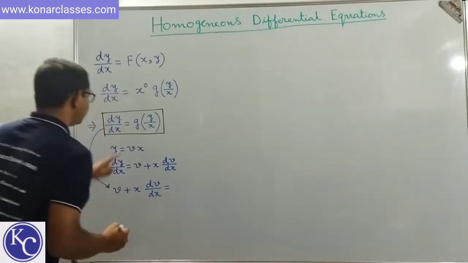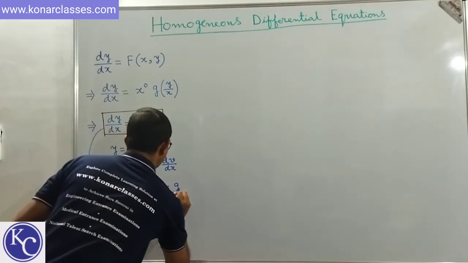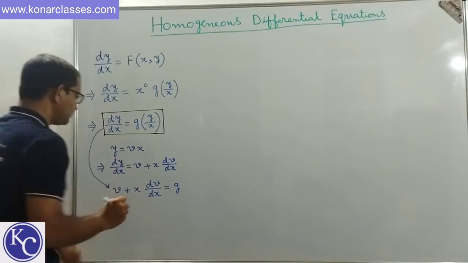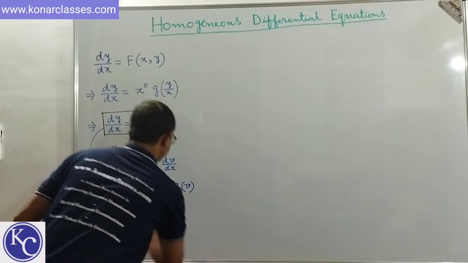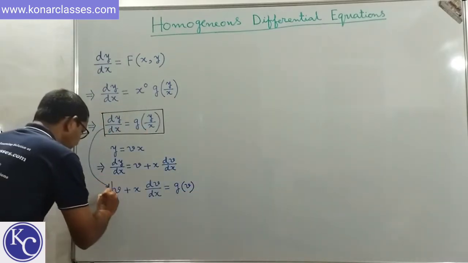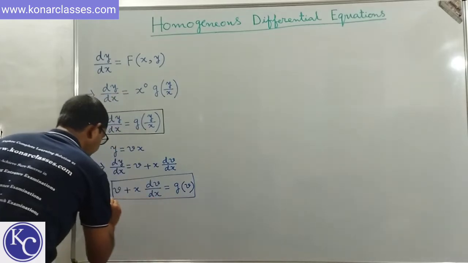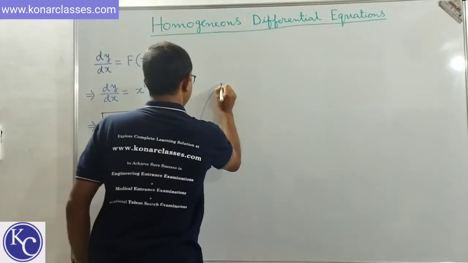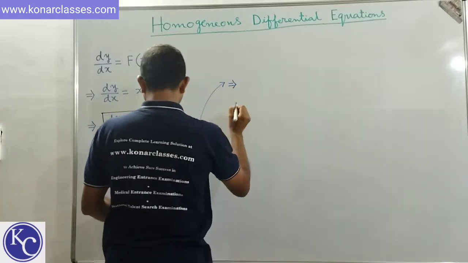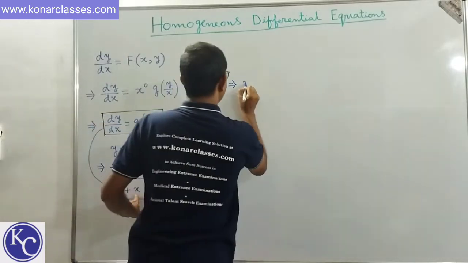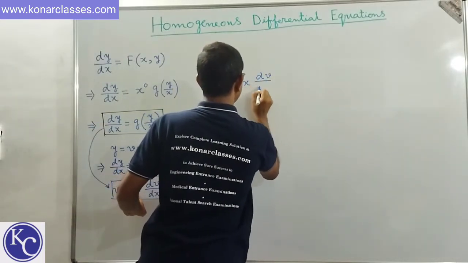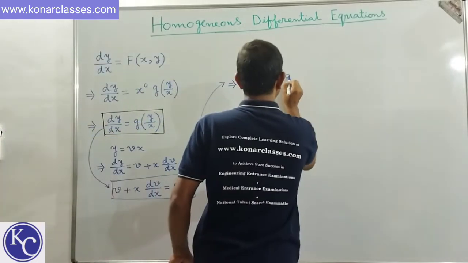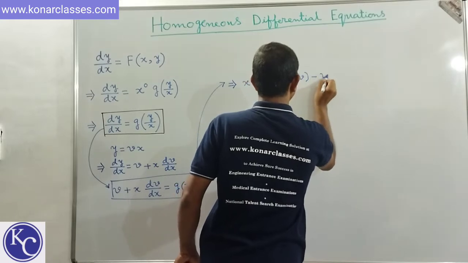Now this value of dy/dx, that is v plus x times dv/dx, we are going to apply here. If we apply here the value of dy/dx as v plus x dv/dx, what we are going to get in the right hand side, dear students? It is nothing but g of, what is y by x? y equal to vx, that means y by x equal to v. So this is g(v). Now from here, this implies x times dv/dx is equal to g(v) minus v.